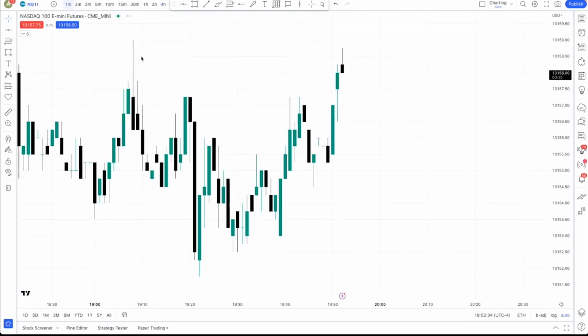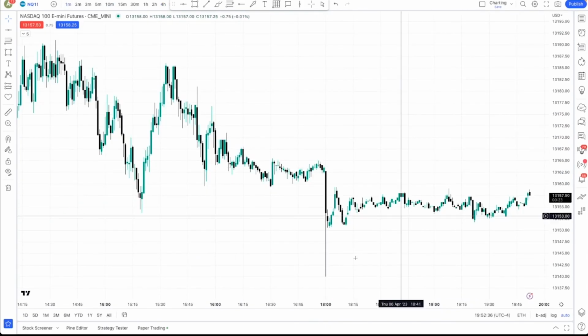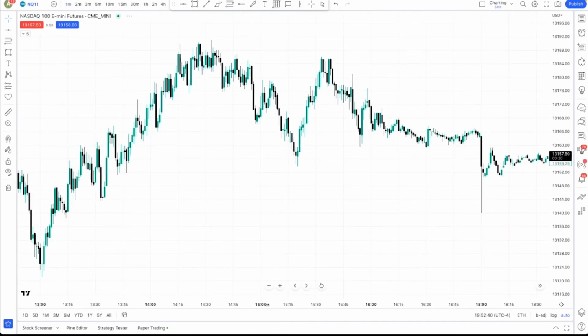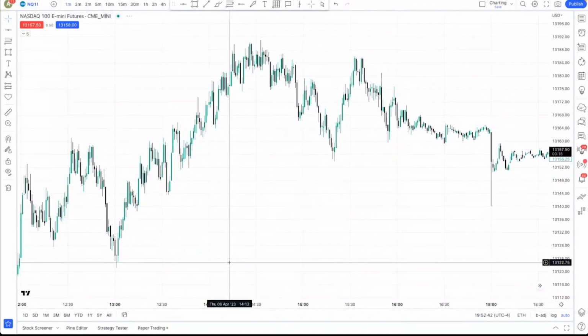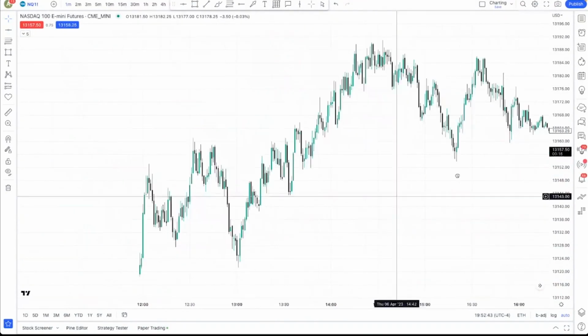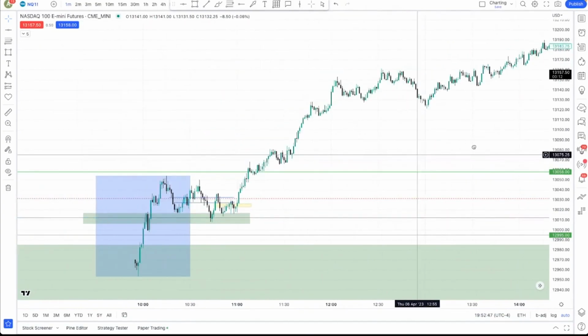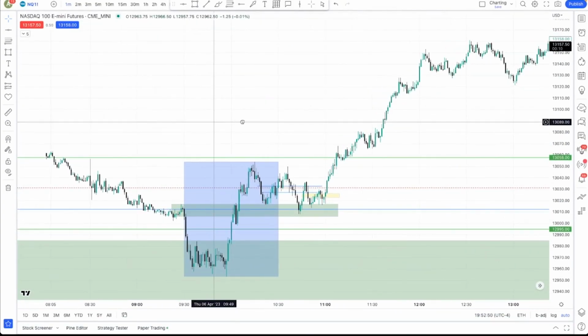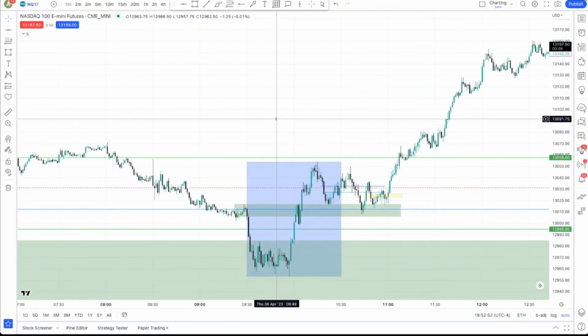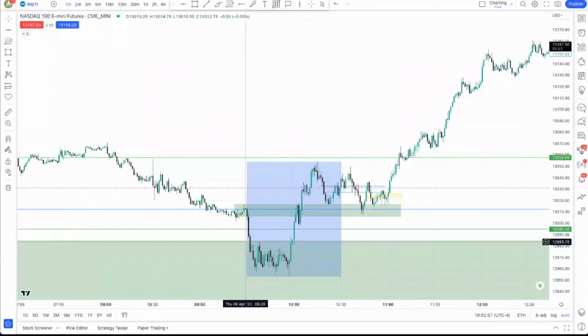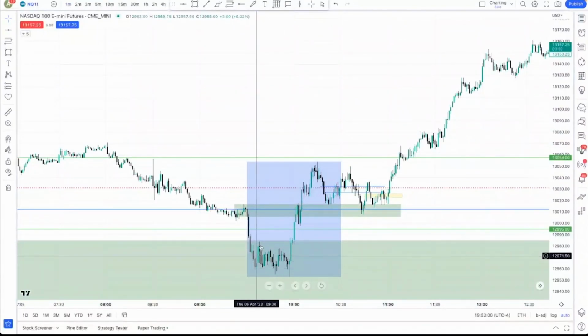So then if we just go down to the 1 minute, okay, now we want to start looking at what price is giving us. Remember I told you guys about the daily opening range, right? And how it's 9:30 to 10:30. So we had this kind of distribution pattern, right?